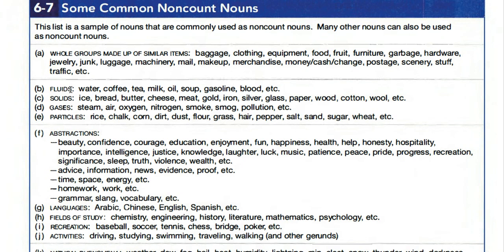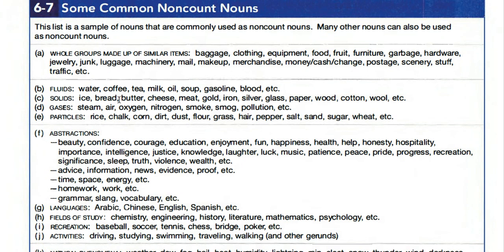So this is called fluids. They are liquid, and we couldn't really find a way to count them. So gasoline, kerosene, or whatever is under the liquid material should be non-countable.